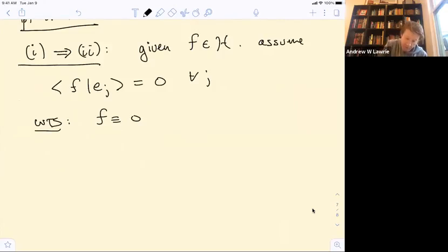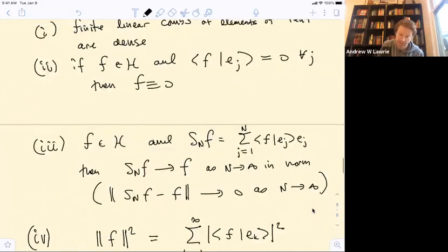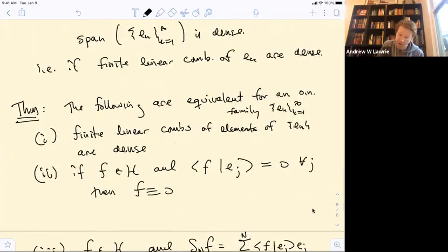By assumption, we're assuming one, namely that finite linear combinations of the EJs are dense.